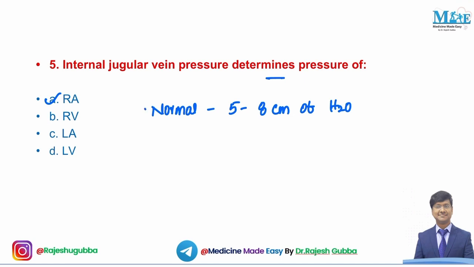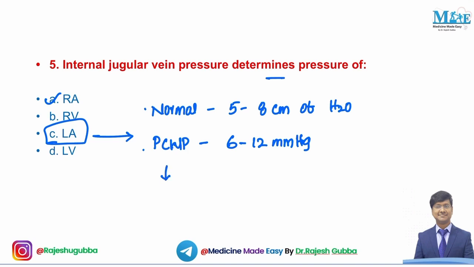Whereas the left atrial pressure is represented by the pulmonary capillary wedge pressure. The normal value is 6 to 12 millimeters of mercury, right? And how will you measure this pulmonary capillary wedge pressure? It is determined by the Swan-Ganz catheter.